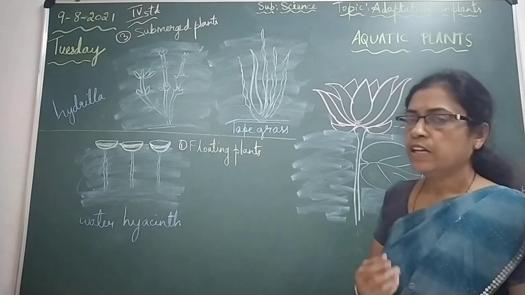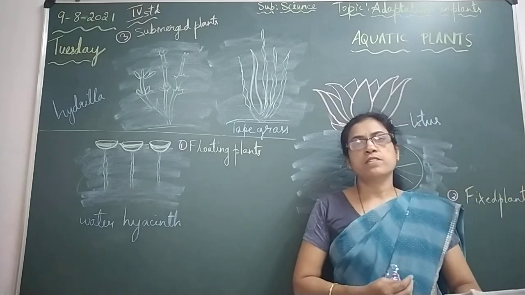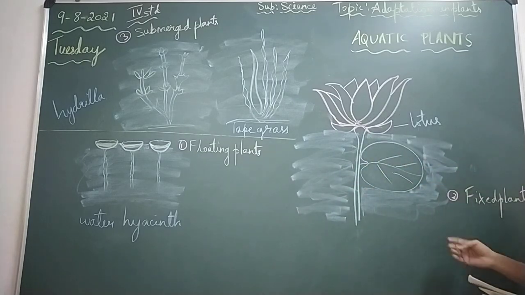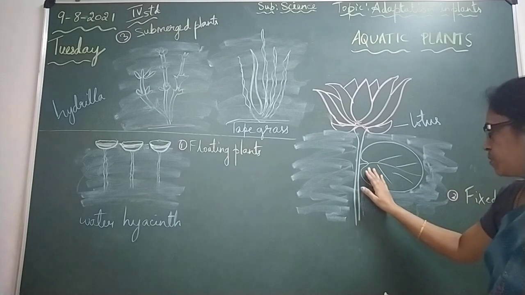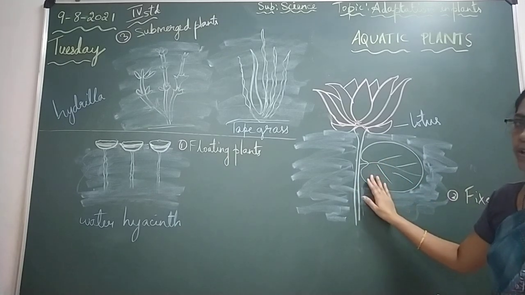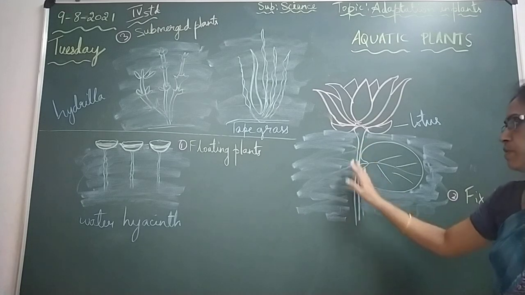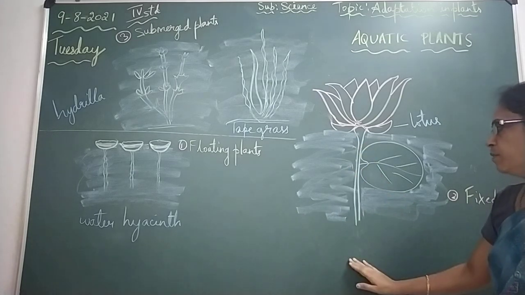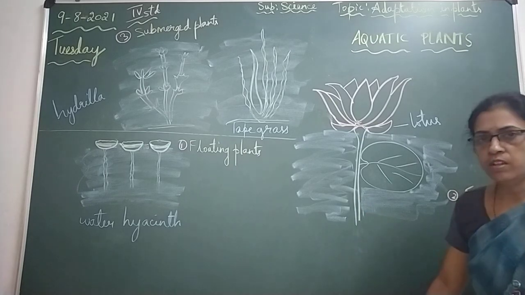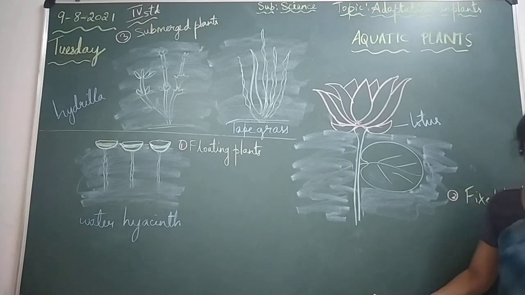Usually we have seen in land plants the stomata are present on the lower surface of the leaf, whereas in fixed water plants the stomata are present on the upper surface of the leaf to breathe. Okay, children, these plants are fixed to the bed of the ponds. Water lily and lotus are examples of fixed plants.